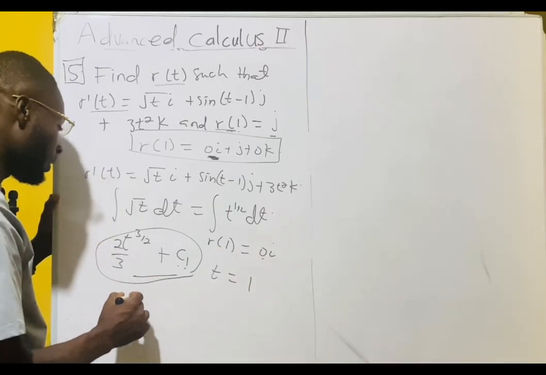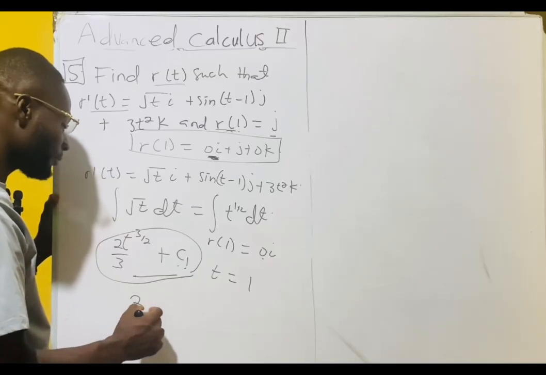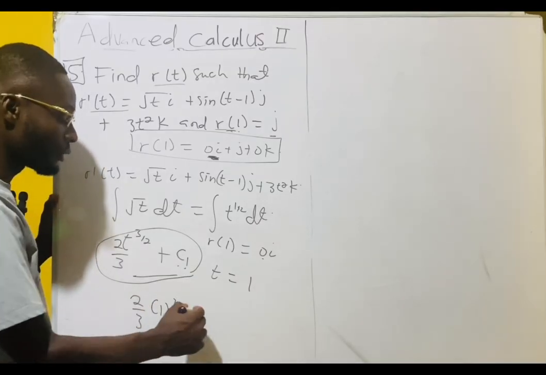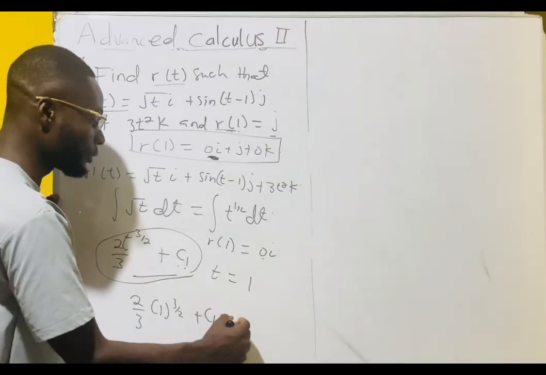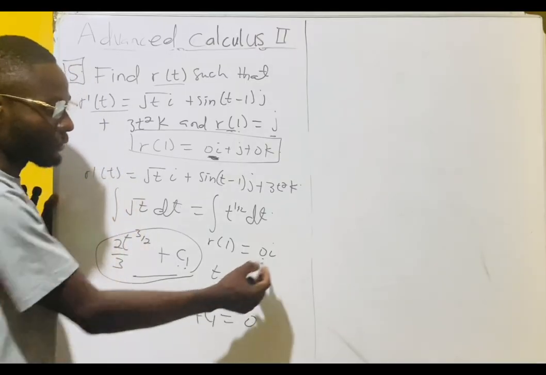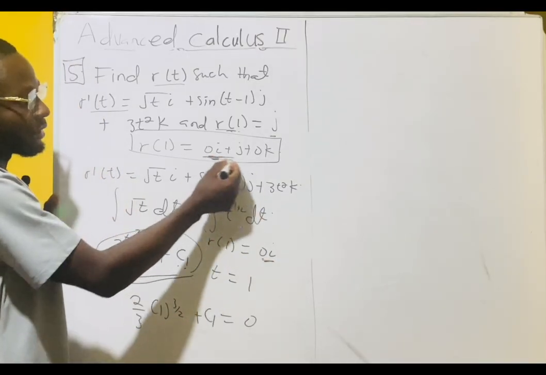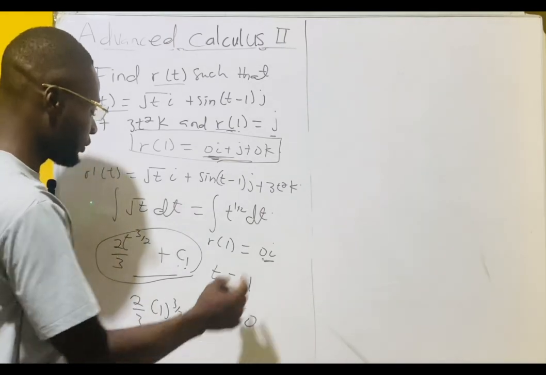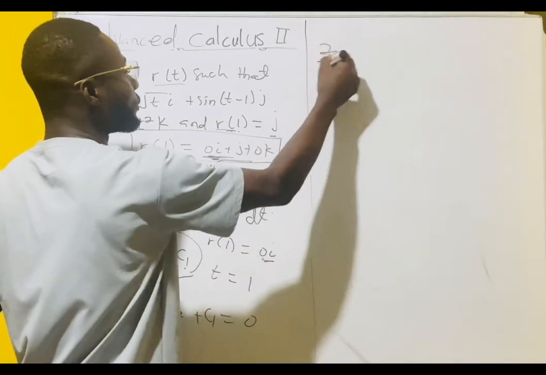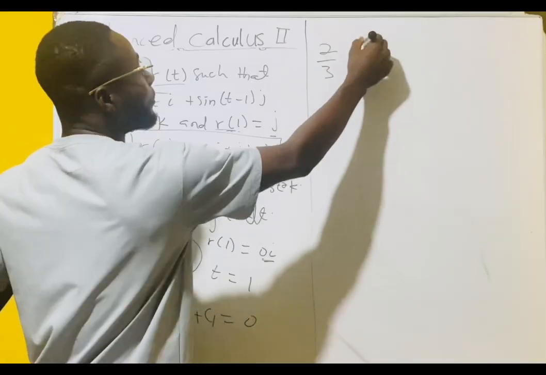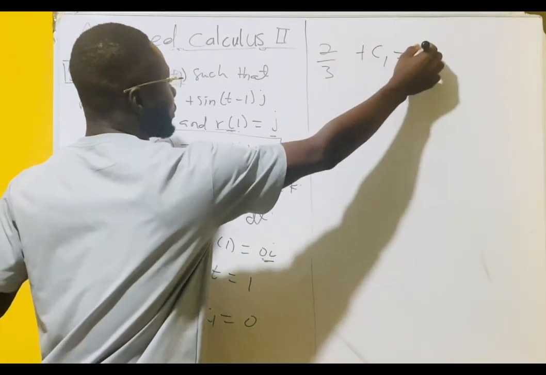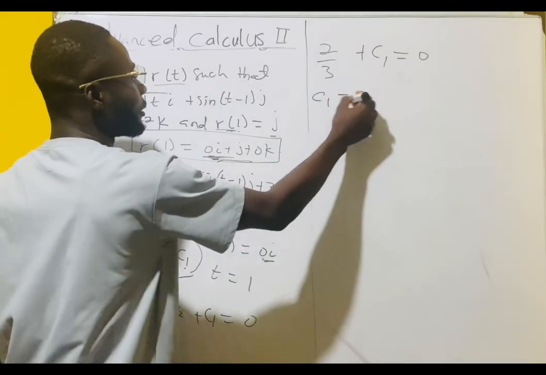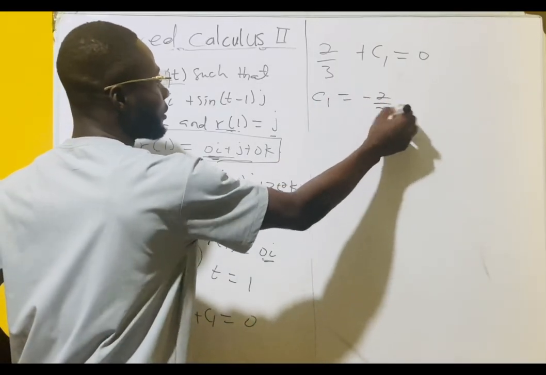So we're going to have 2 over 3 into 1 to the power 3 on 2 plus c1 equals 0. You know, the i component here is 0, so we equate it to that to find c1. So we're going to have 2 over 3 plus c1 equals 0. Okay, so we can see that our c1 is negative 2 on 3.